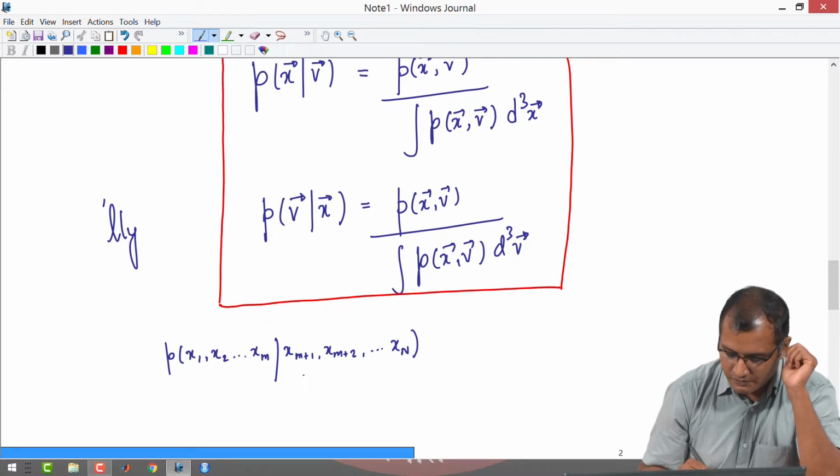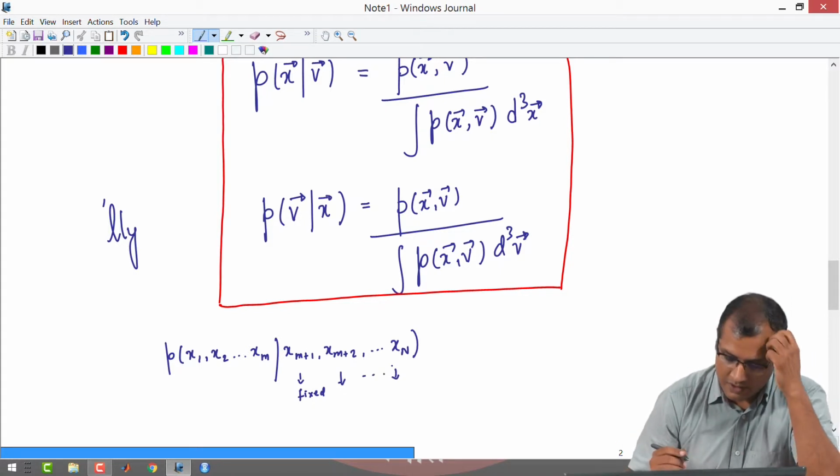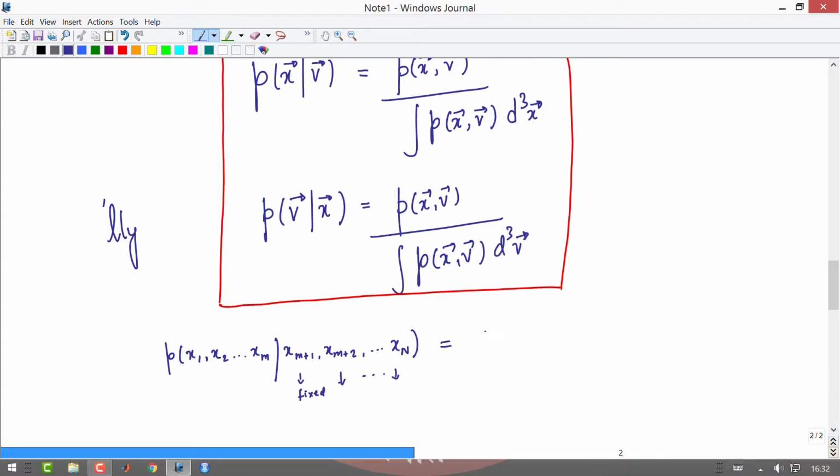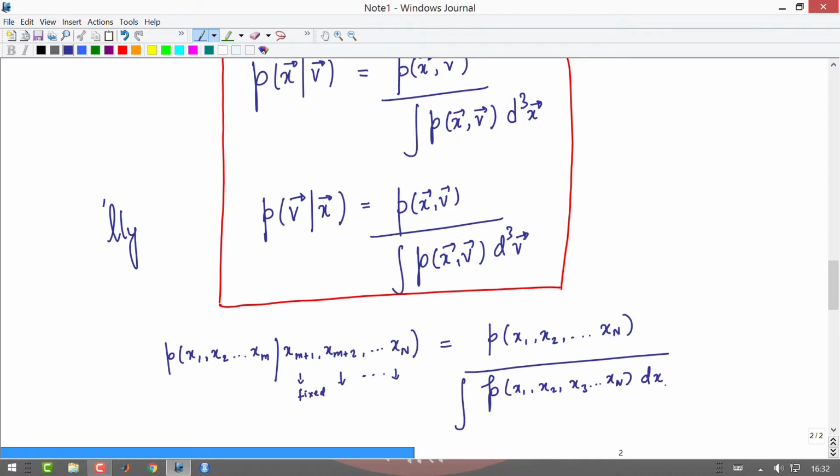So, these are like fixed values. Okay. So, this is given by a simple Bayes theorem, which says that you have the total or the joint probability density divided by simply an integration of this joint probability density over the variables. Okay. This is the so called Bayes theorem.